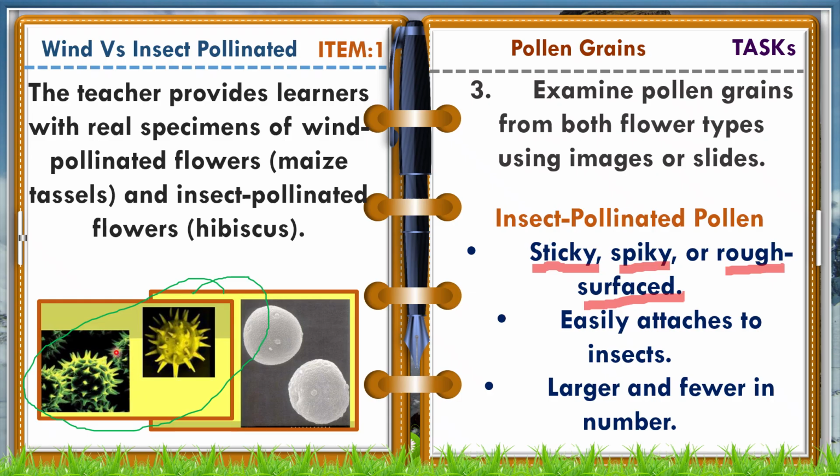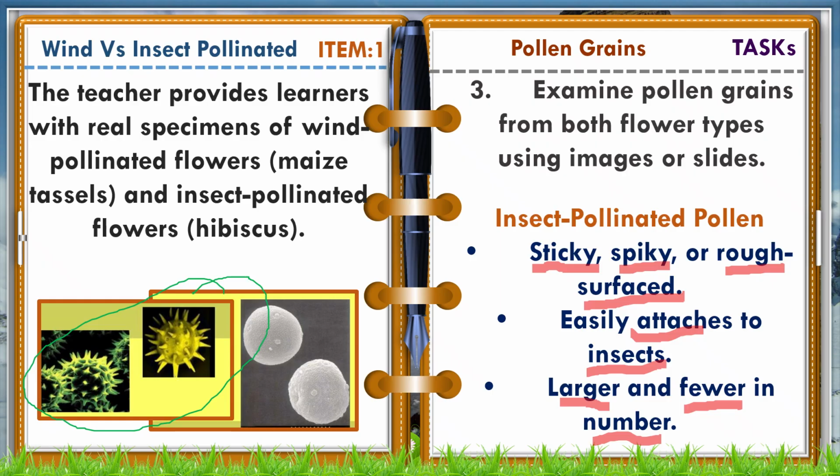So these ones tell us that these are insect-pollinated pollens. On that one, they easily attach on insects. Because they have spikes, they can easily attach themselves on the insect. And they are large and fewer in number.